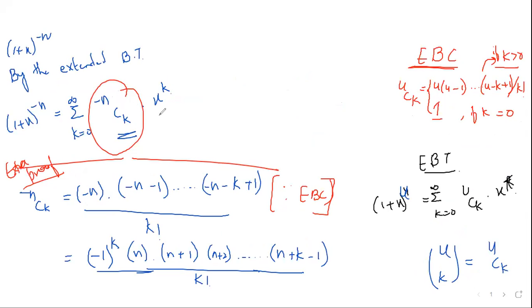So minus nCk is written as the sum for k equal to 0 to infinity of minus 1 power k into C of n plus k minus 1 comma k into x power k. Now, instead of this plus x, if I take minus x, you will get the other example that I have given you in the previous class.